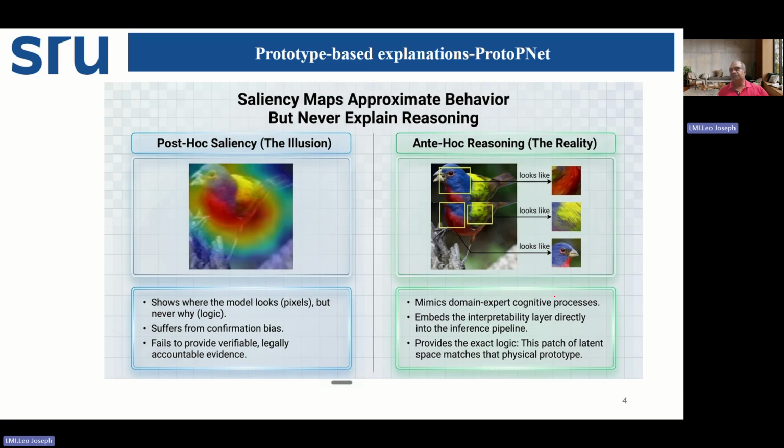Mimicking procedure means we are creating the patches. Several data sets are trained, several patches are created. Based on the closeness of the patches, we come to the conclusion that the particular patch matches a particular prototype. Okay, so this is why it is called prototype based explanation.